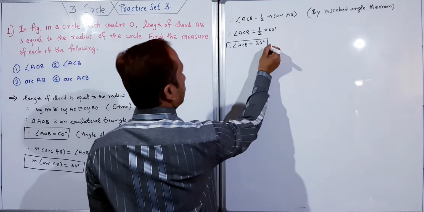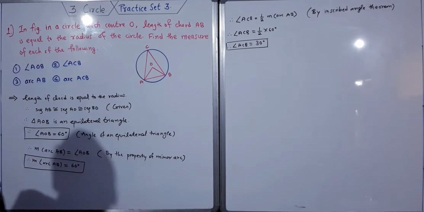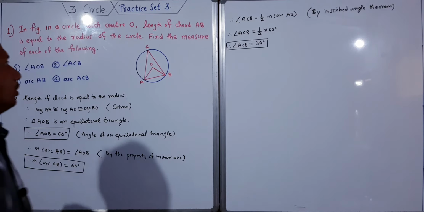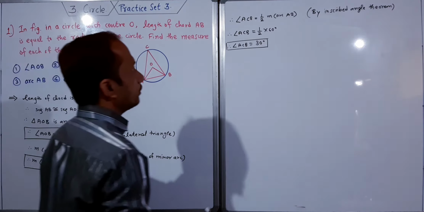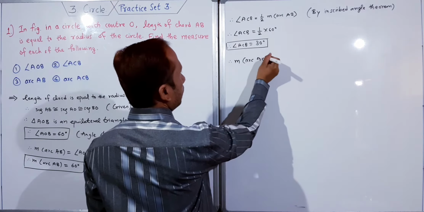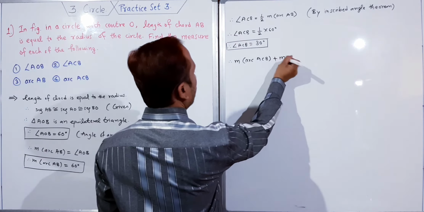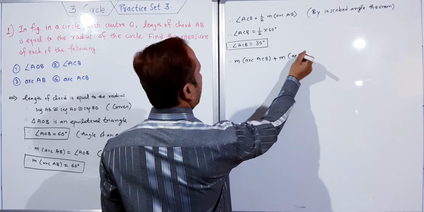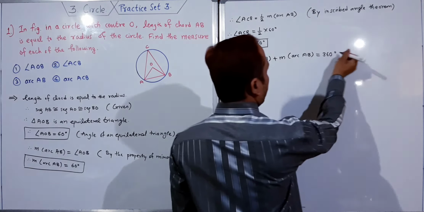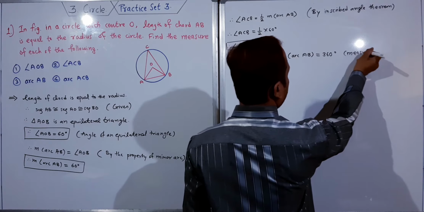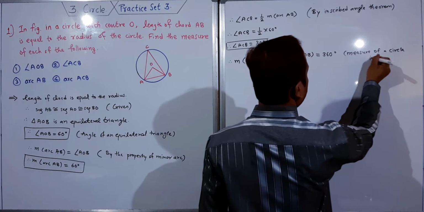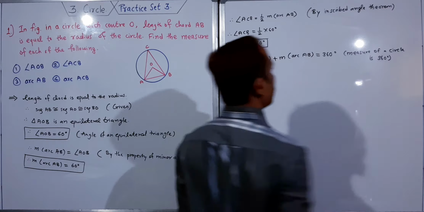You got this also. Now you got measure of arc AB, and you have to find measure of arc ACB. Therefore measure of arc ACB plus measure of arc AB is equal to 360, because the measure of a circle is 360 degrees.